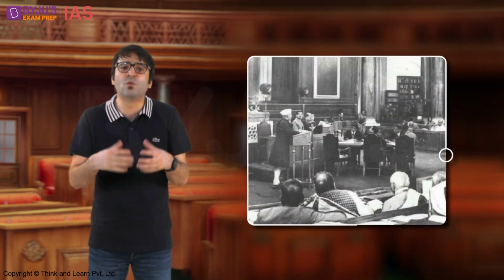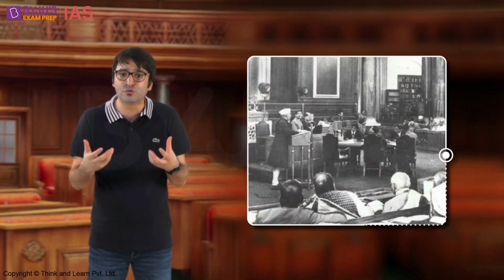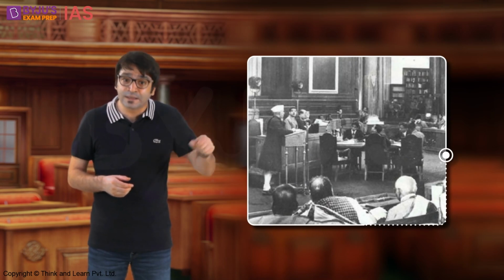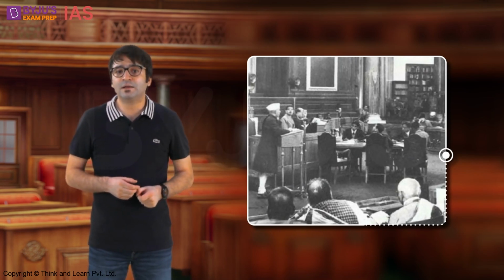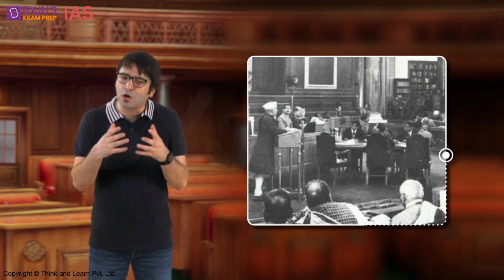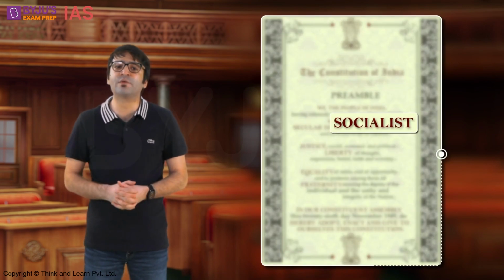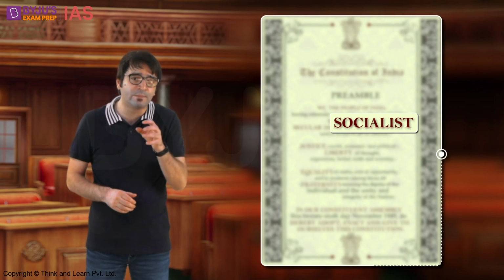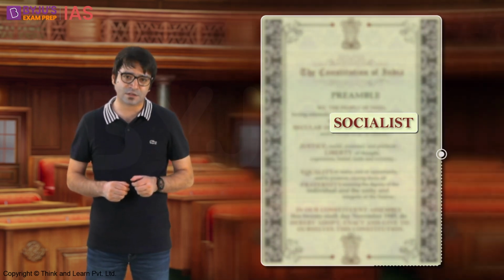If that is the case, then why did the makers of our constitution choose not to include the term in the preamble in 1949? The answer to that question lies in the Constituent Assembly debates. The term socialist was one of the 3 terms inserted through the 42nd Constitutional Amendment Act in 1976.